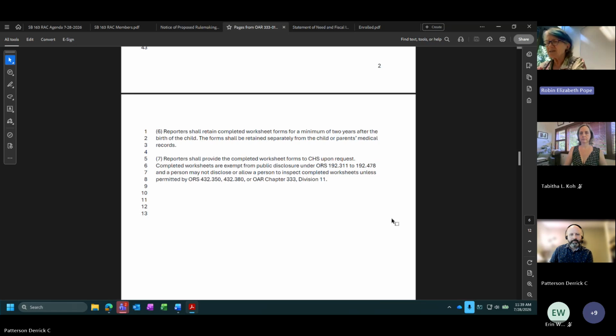So that's a policy issue, I guess, or maybe it's a practical issue. Why would we treat the births under a gestational surrogacy agreement any differently in terms of how long the record or the completed worksheet is retained? Thank you. Anything else on these sections?